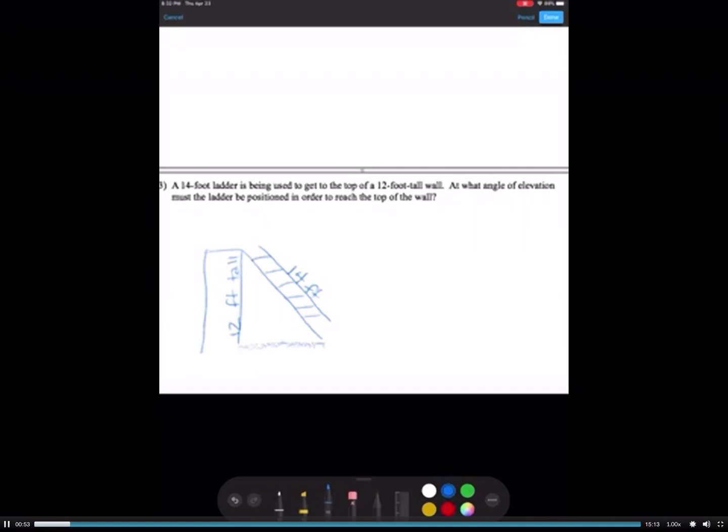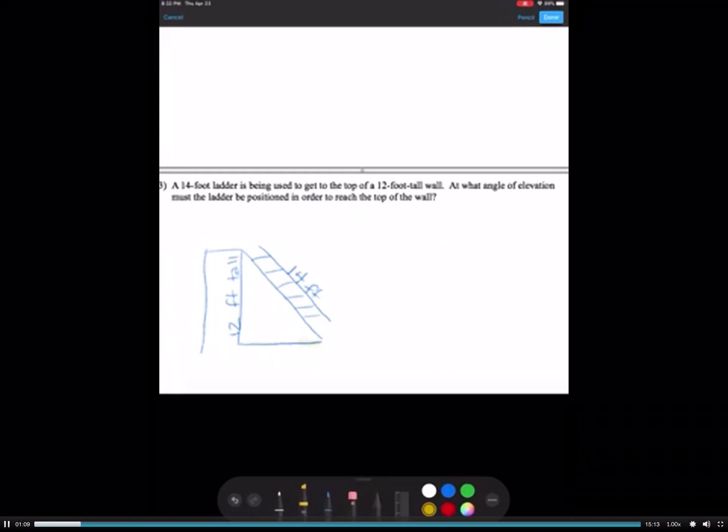And I want to know, what angle of elevation. So the angle of elevation, remember, is from the horizontal looking up. So that's our angle of elevation that we're talking about.